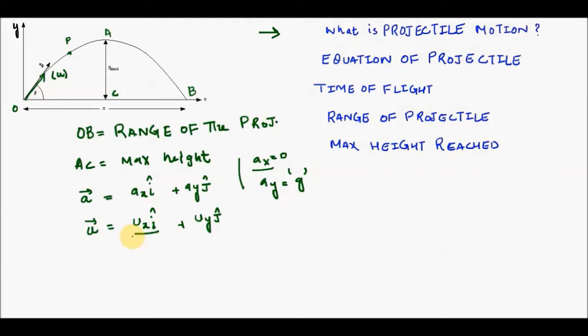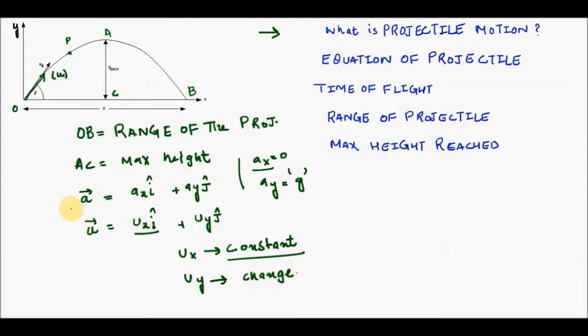Since acceleration is 0, there will be no rate of change of velocity. That means velocity will be constant. So what we conclude is that velocity along the x-axis will be constant throughout the motion, and no doubt uy, the velocity component in the y direction, will change.